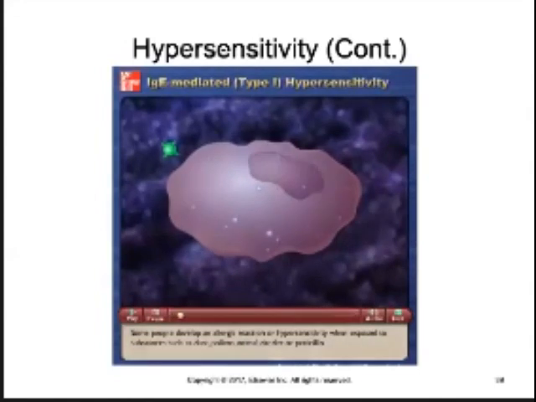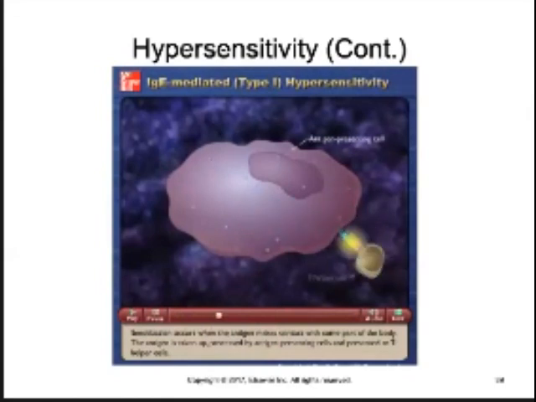People develop an allergic reaction or hypersensitivity when exposed to substances such as dust, pollens, animal dander, or penicillin. Sensitization occurs when the antigen makes contact with some part of the body. The antigen is taken up, processed by antigen-presenting cells, and presented to T helper cells.